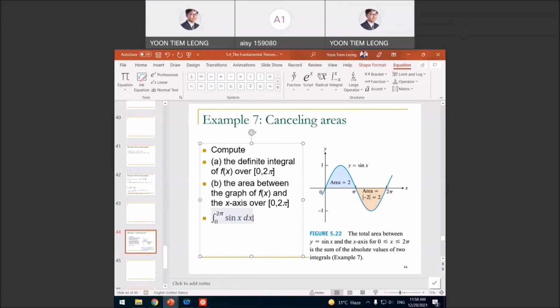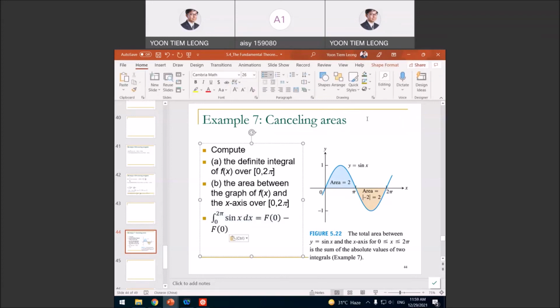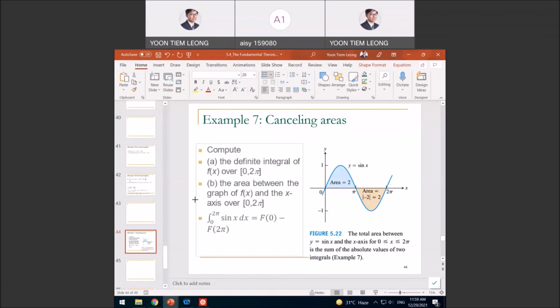That would give me the answer. So I have to evaluate the antiderivative of the function at 2 pi minus the antiderivative at 0. Let me drag it a little bit to express myself better.